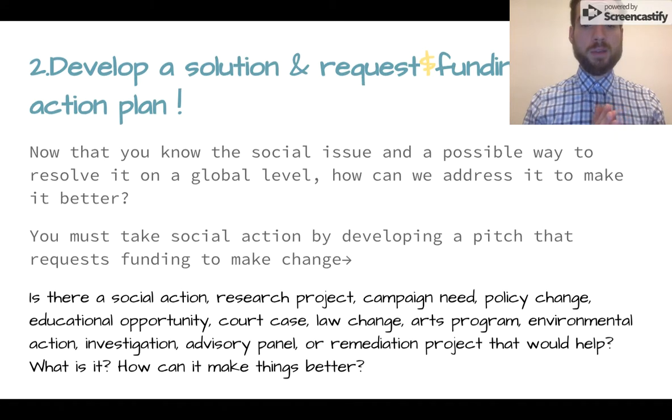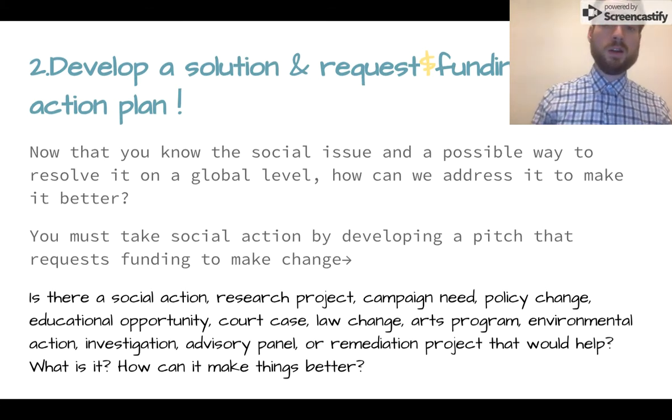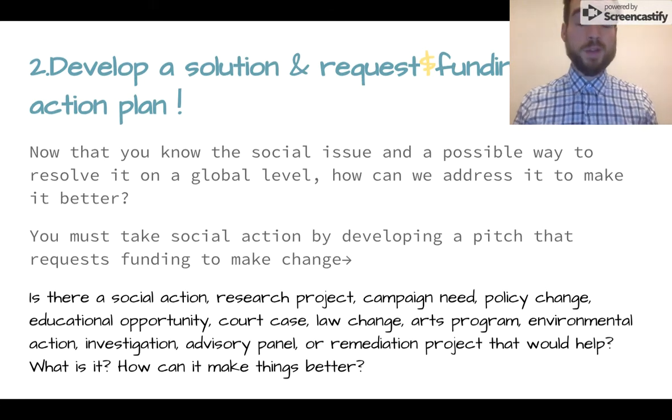That could be anything from creating policy change, making a campaign, creating an arts program, environmental action, or even creating jobs like for an advisory panel. So there's lots of different things you can do based on the different topics and resources and nonfiction text you're exploring.